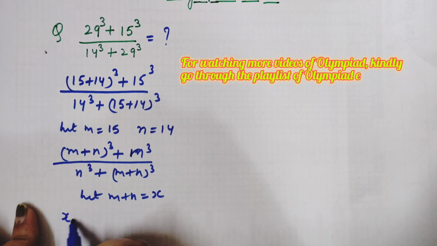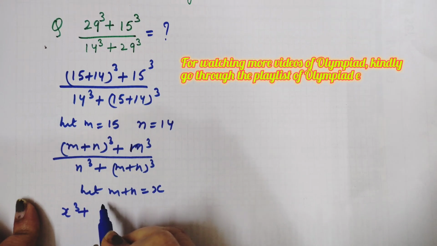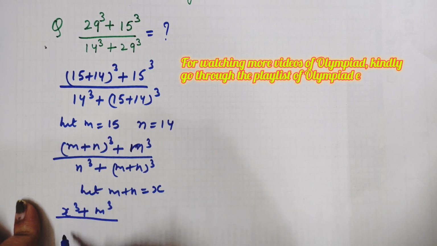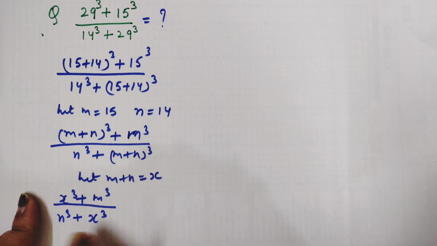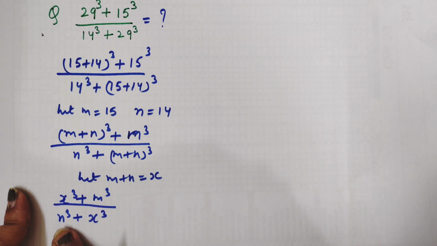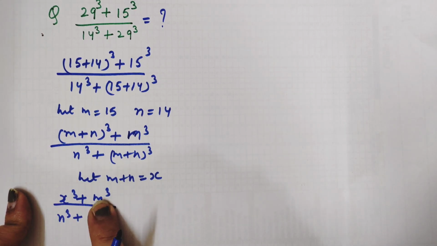So it will be x cube plus m cube upon n cube plus x cube. This is the shortest form: x cube plus m cube upon n cube plus x cube.